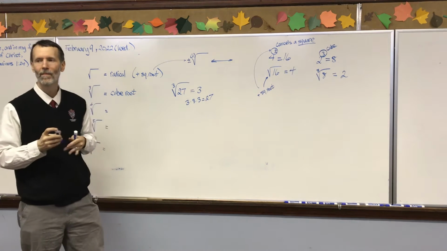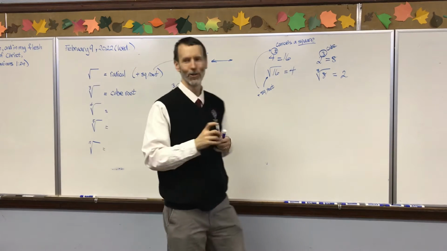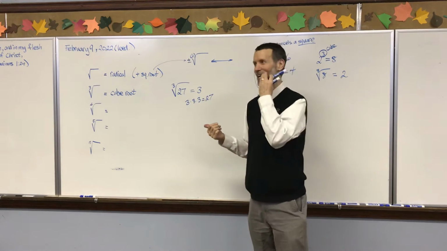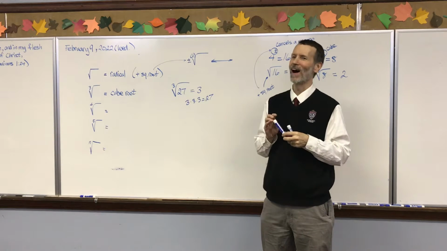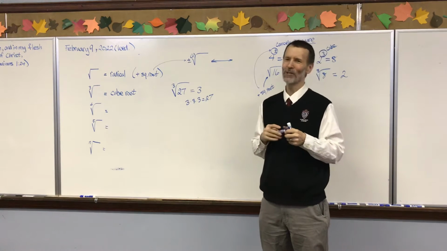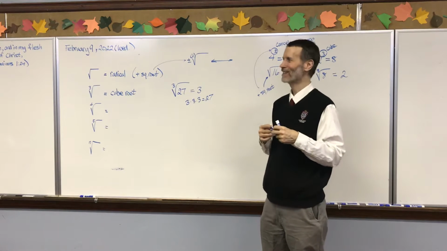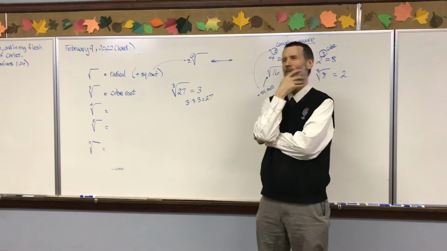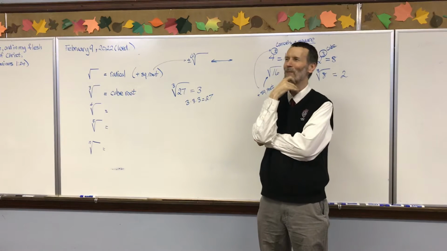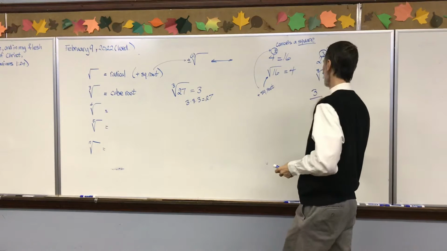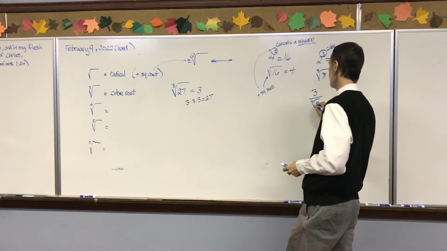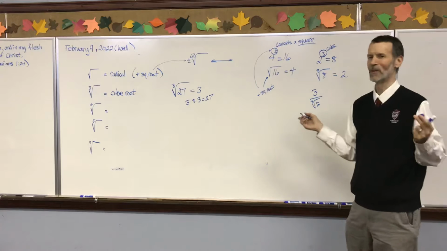Dividing by cube roots? Is it the same thing? Interesting question. That's actually a pre-calc question, believe it or not. The short answer is usually yes. That would make an interesting extra credit question. The question is, if you have 3 over the cube root of 2, do you have to get the radical out of the basement?